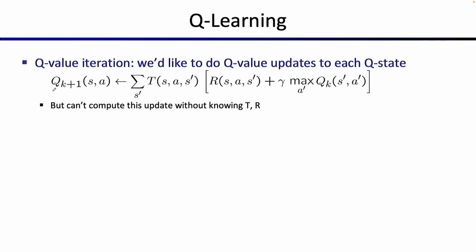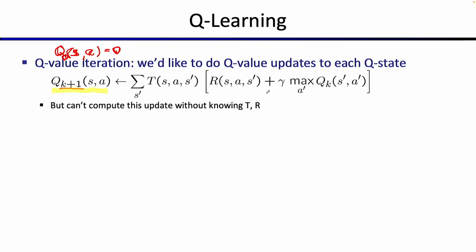We're trying to estimate this Q function, Q at iteration k plus 1. And we know that we've initialized, at the 0th iteration, our Q value to just all zeros.